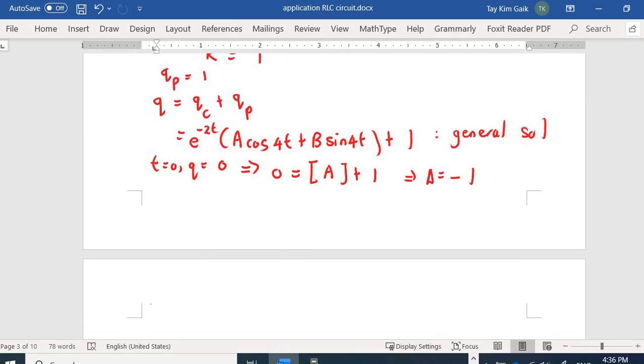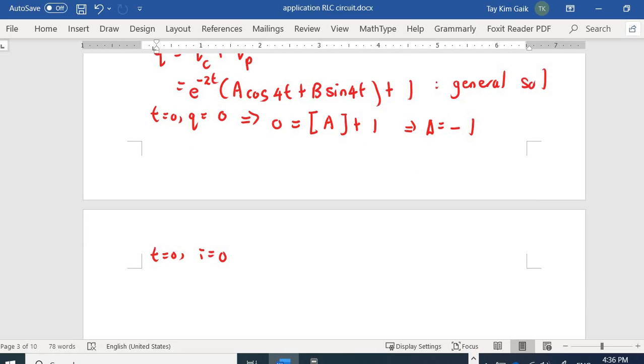And then to find the B, we have another condition: when t equal 0, I equal to 0. I is actually dq/dt. After A is negative 1, we plug in, so q is e^(-2t)(negative cos 4t plus B sin 4t) plus 1. Now find dq/dt from here.